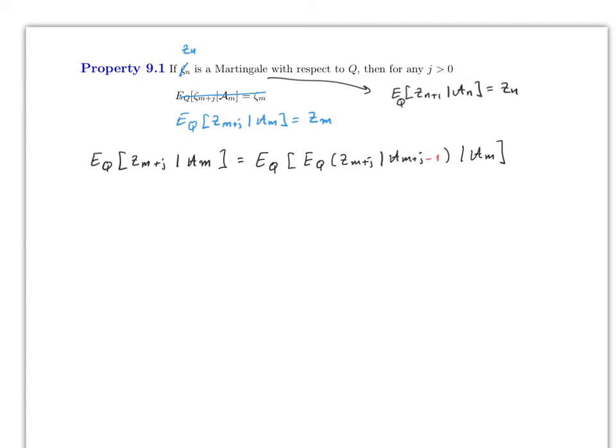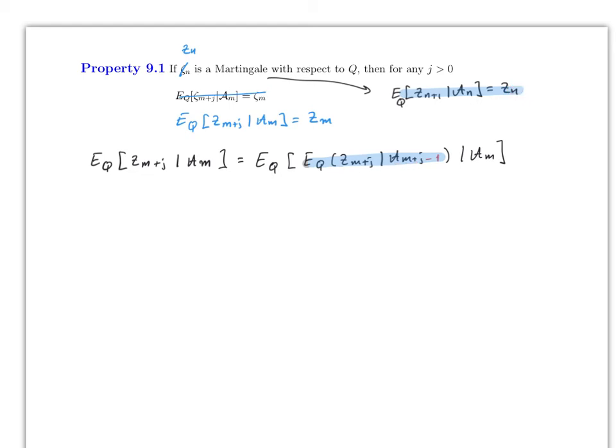Now, using the definition of martingale, which we know it is, notice this part and notice this. If this is one less than this one, then since this is a martingale, it should give you this part only, right?